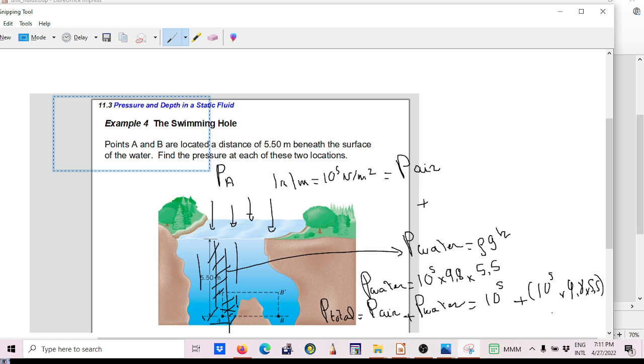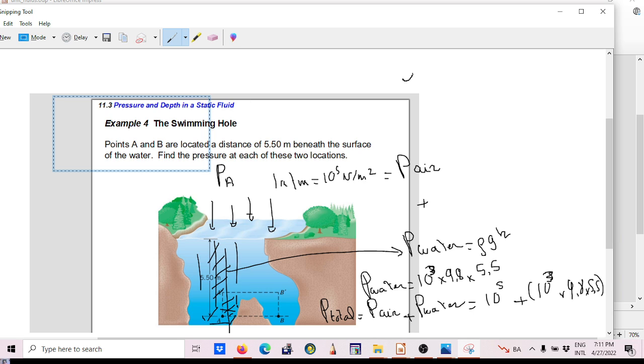Okay, so I do the computation. I hope I didn't make a mistake somewhere. The density of water is 10 to the 3, so that's going to be 10 to the 3 here.